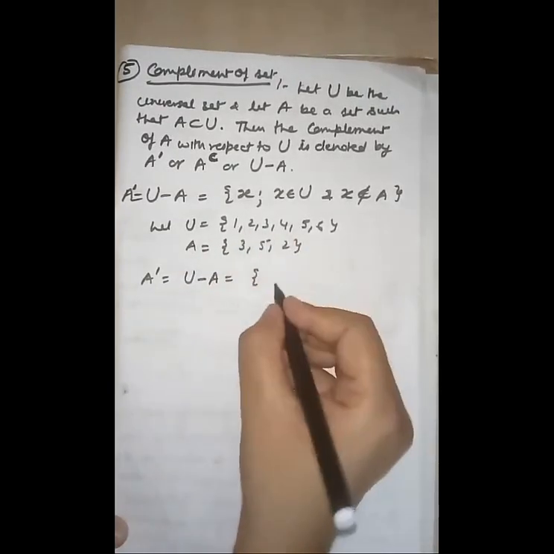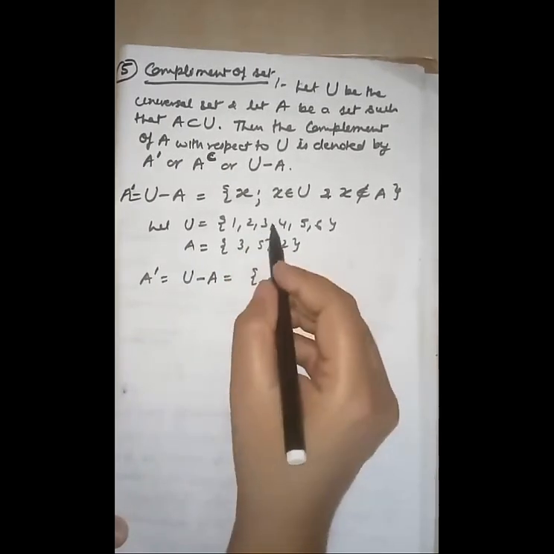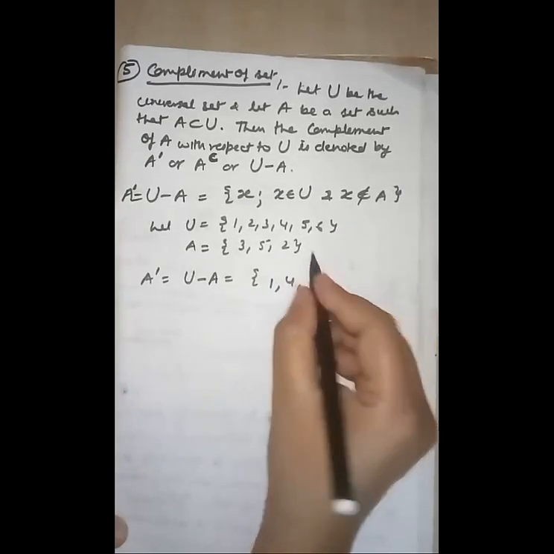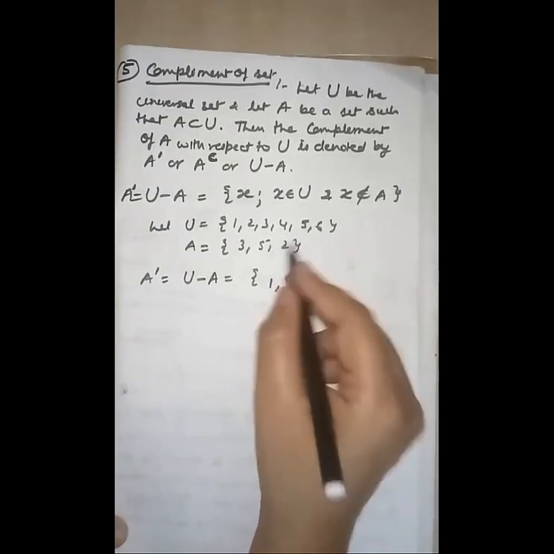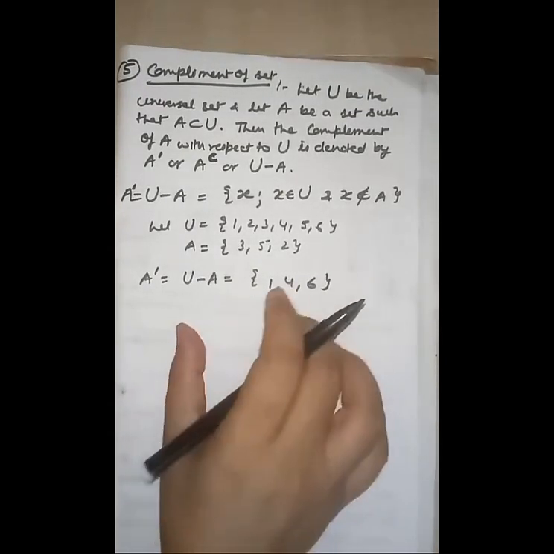So 1, don't take 2, don't take 3, 4, and 5 is also in A, so 6. So A complement is {1, 4, 6}, and this is the complement of a set.